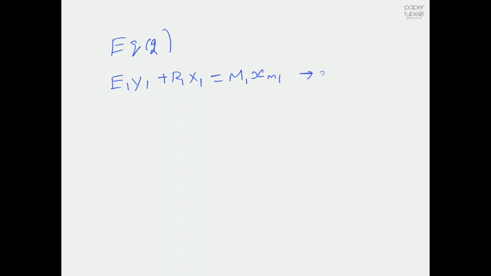This is part of your equation 2, and from equation 1 we know M1 is equal to R1 plus E1. So let's plug in this here. So E1 y1 plus R1 x1 is equal to (R1 plus E1) times xM1.